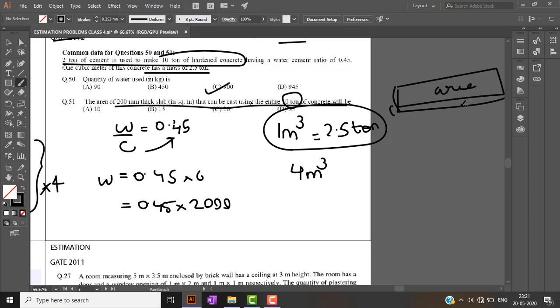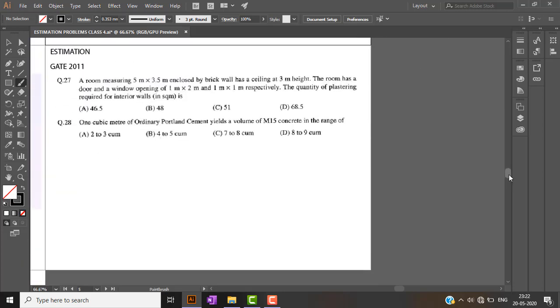In order to find the area, we divide this by the thickness 200 mm. So 4 meter cube divided by 200 mm will give us the area of slab that can be cast. Convert the units and then just divide, you will get the answer. So it was a linked question asked in GATE 2012. Let's carry on with 2011.